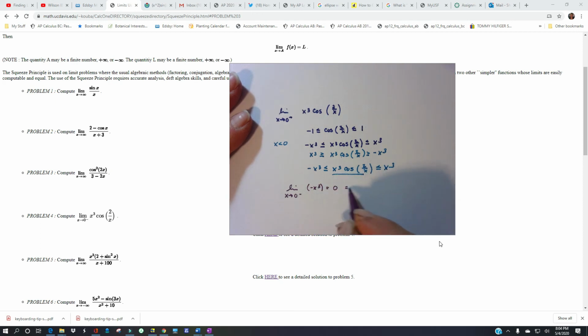And the limit as x approaches 0 from the left of positive x cubed is also going to be 0. We're getting really, really close to 0. And so what I can say is, therefore, the limit as x approaches 0 of x cubed cosine 2 over x is also equal to 0 by the squeeze theorem.